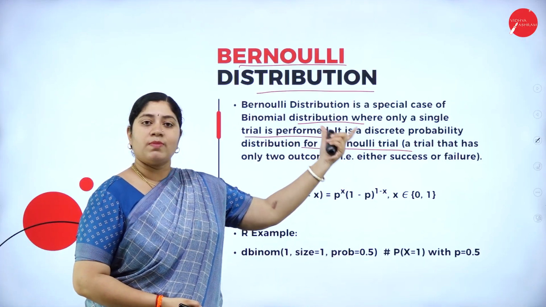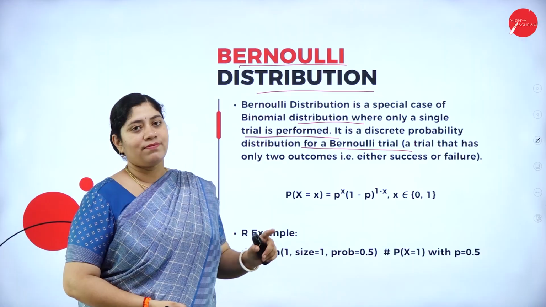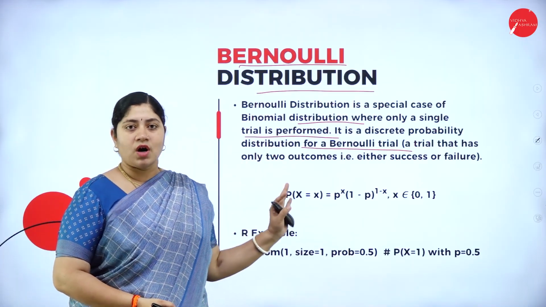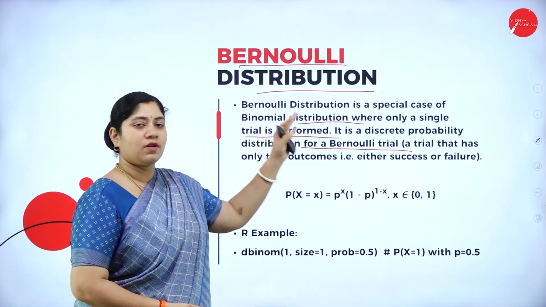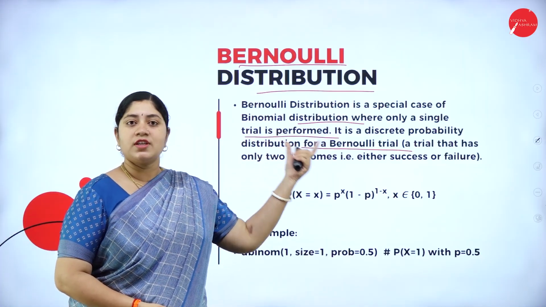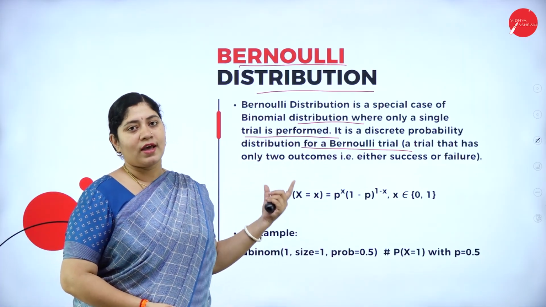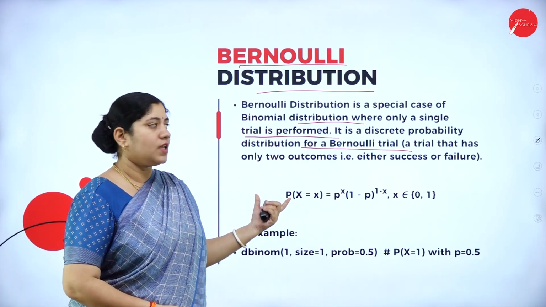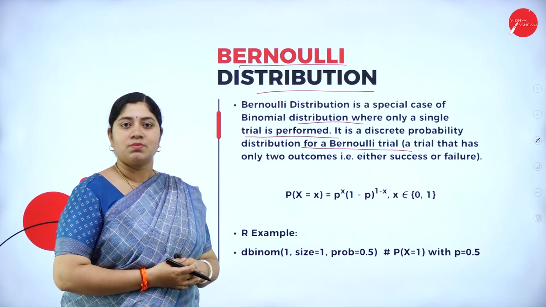So either it might be a success or it might be a failure. It doesn't matter, but you are provided with the two outcomes. So that's all about Bernoulli distribution. As we deal with the two outcomes, it is called binomial distribution too. Okay, so this is nothing but Bernoulli distribution.